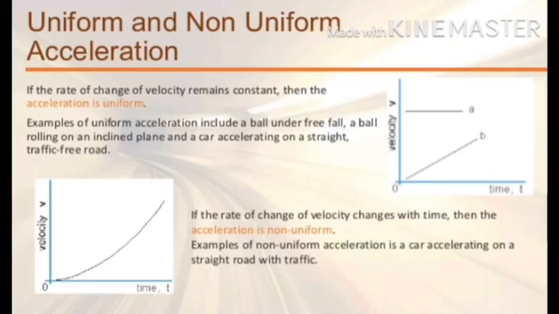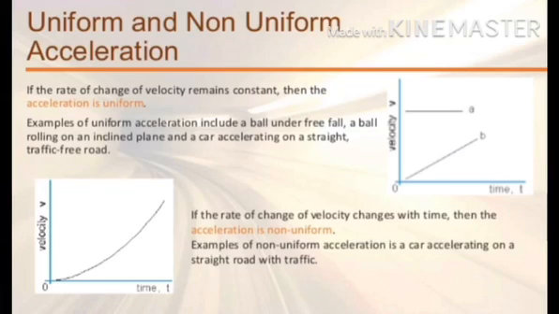Example: motion of a body falling freely under the action of gravity. Motion of a ball rolling down a smooth inclined plane. Motion of a bicycle moving down the slope of a smooth road when there is no paddling and air resistance is negligible.